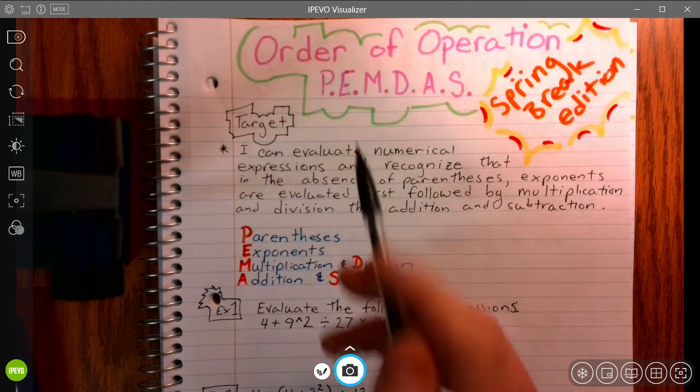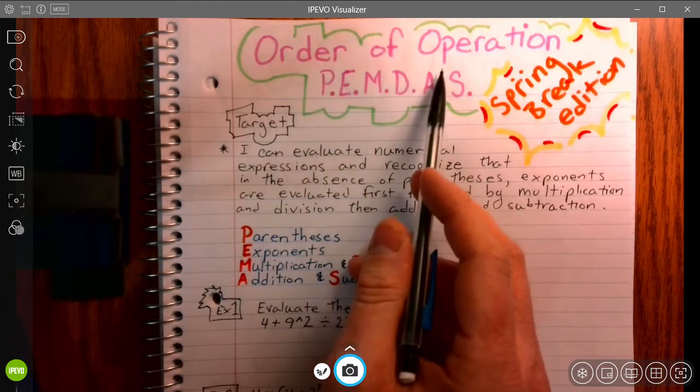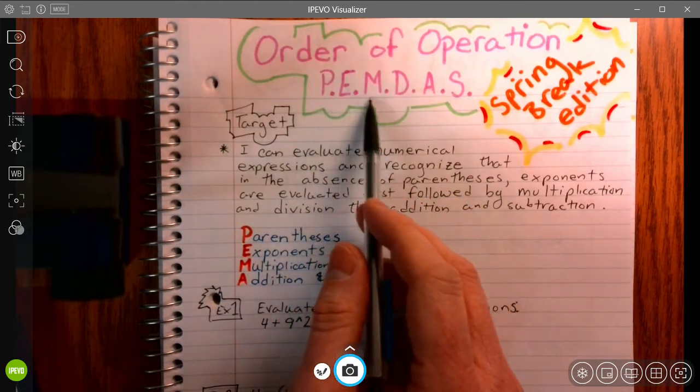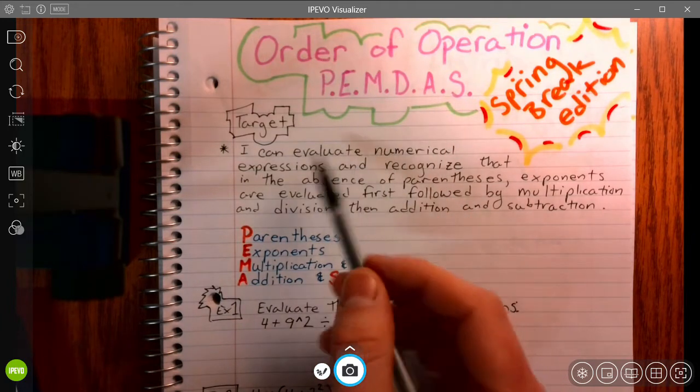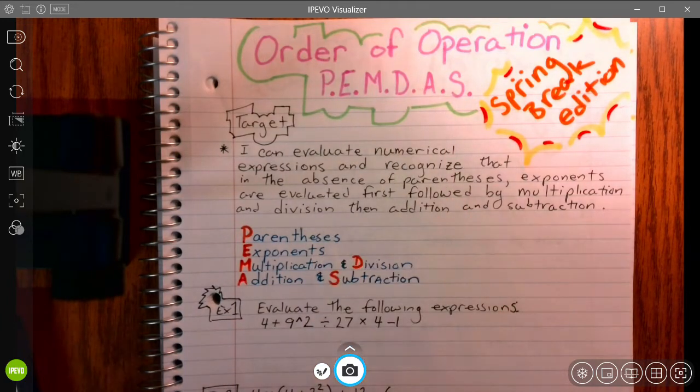Today we're going to be doing some review of order of operations, or PEMDAS. My target for today is: I can evaluate numerical expressions and recognize that in the absence of parentheses, exponents are evaluated first, followed by multiplication and division, then addition and subtraction.